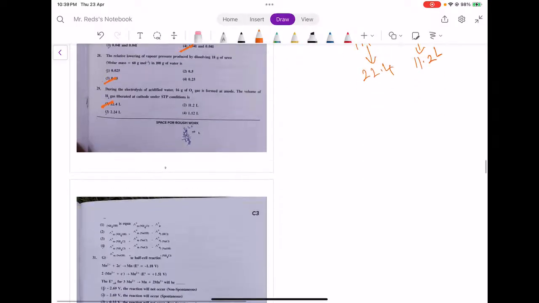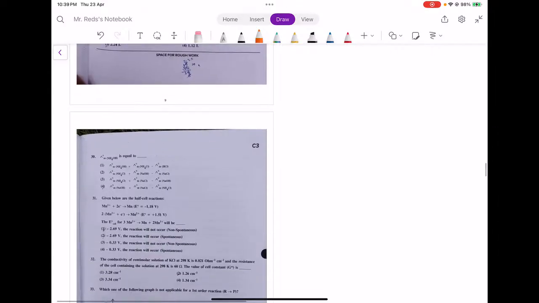Question number 30. Lambda naught of NH4OH, ammonium hydroxide, is equal to what? This question belongs to electrochemistry.